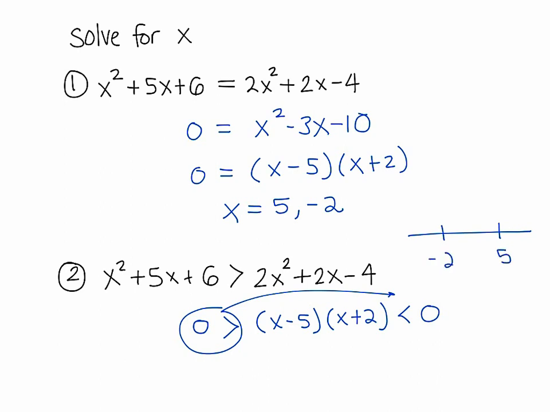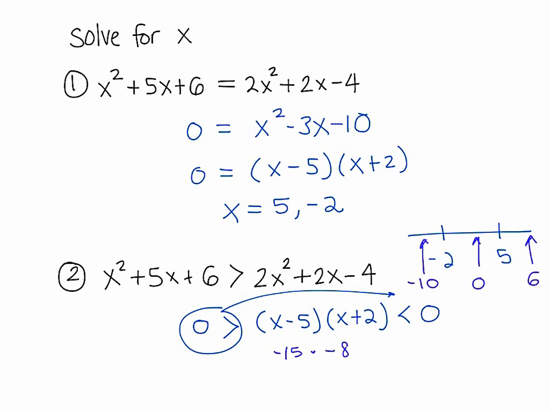So we're going to substitute values that are less than negative 2, such as negative 10. Substitute a value that is in between negative 2 and 5, such as 0. 0 is always an easy one. And then substitute a value that's greater than 5, maybe try 6. Now let's substitute the values. If we have x equal to negative 10, we have negative 10 minus 5, that makes it negative 15, times negative 10 plus 2, that's negative 8.